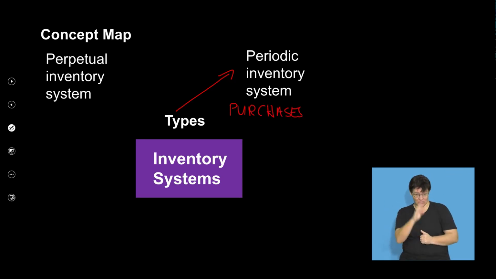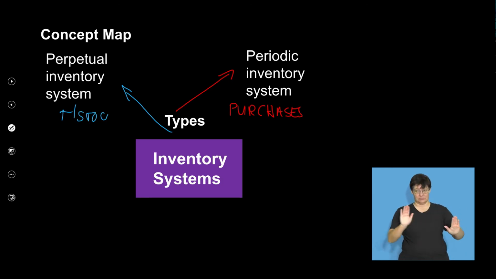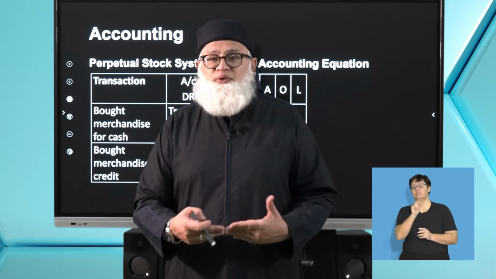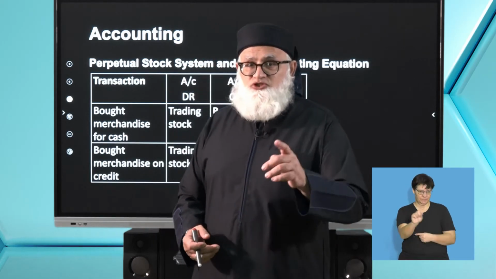Remember that? And when you're dealing with the perpetual inventory system, you're dealing with the trading stock account. So clearly there is a difference between the two, and this will become clearly evident to you when you see what we're going to be doing now. Right, so watch the space.